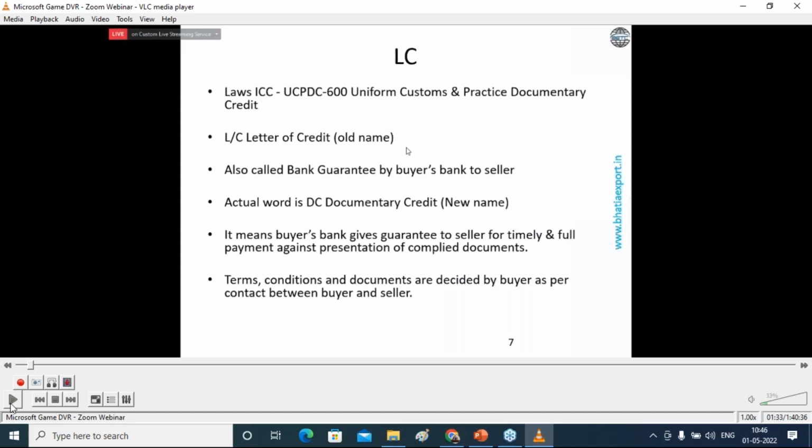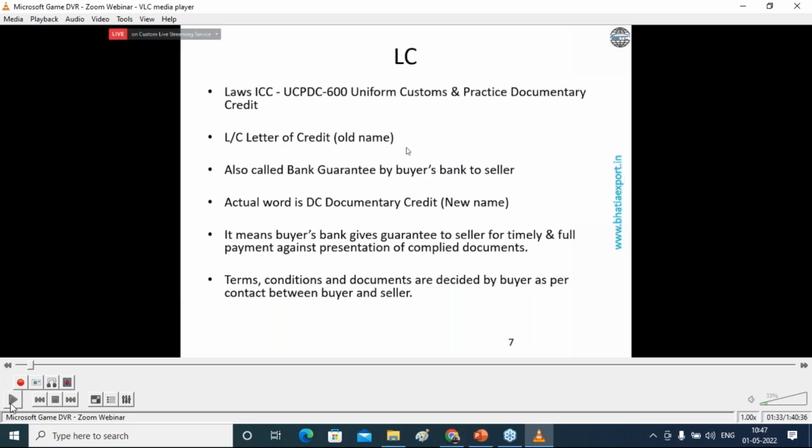But as a good practice, when you want to open the LC, the bankers will ask you to provide a copy of the contract. Based on the contract, they establish the LC so that both are in alignment, the contract between the buyer and seller and the LC terms. Then only they will open it. After the LC is opened, the buyer and seller may make amendments to the contract, which may or may not be reflected in the LC.